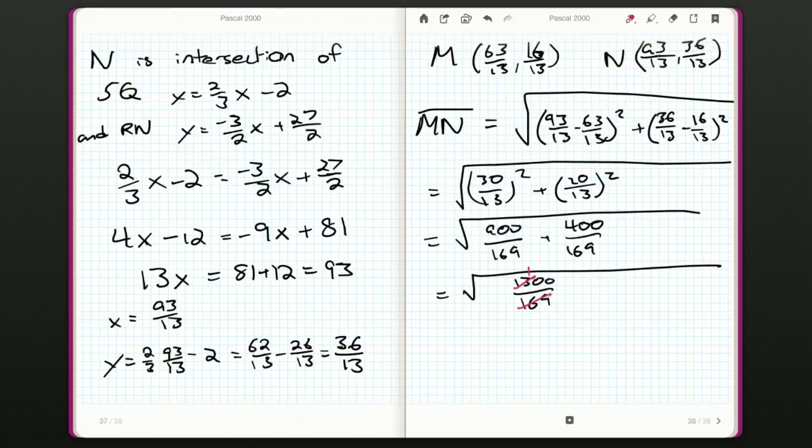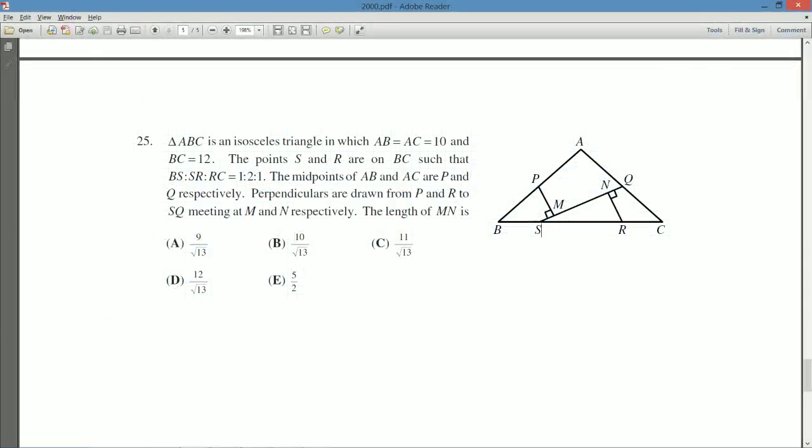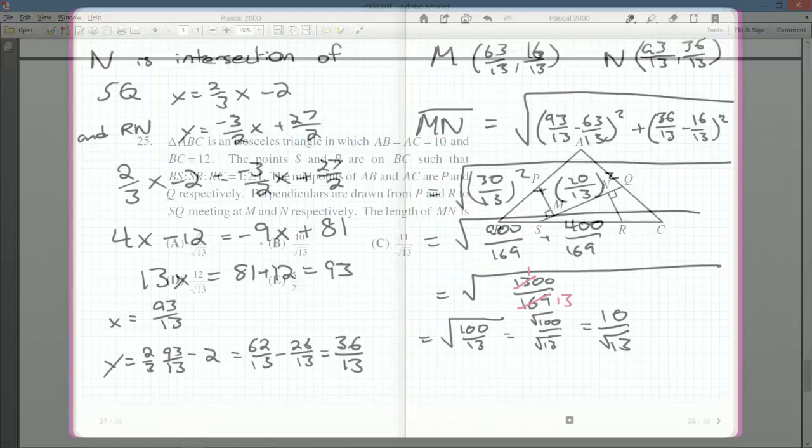We'll be left with 100 over 13, so the square root of 100 over the square root of 13. But we know what the square root of 100 is. It's 10 over the square root of 13, and I think I saw this briefly in our answer key. There it is, it's B. So the distance from M to N, and we found it by coordinates, is B, 10 over square root of 13.